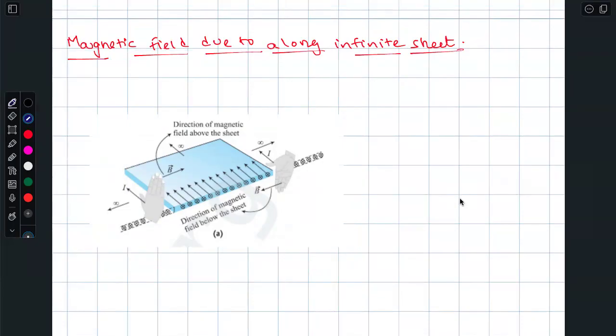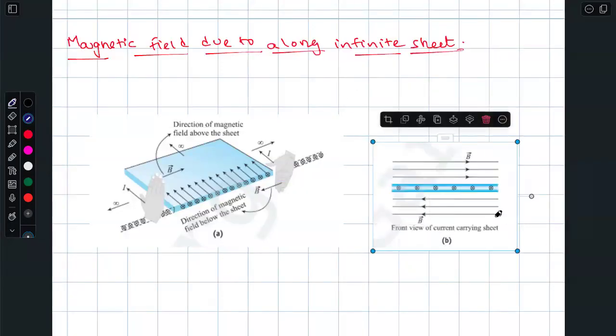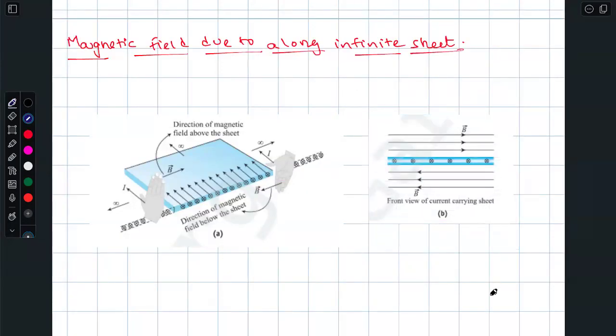Even in electrostatics also we know, we have done this. So this is how it looks if you see it from the side view. Whether you are standing here or you are standing here, you will see it like this.